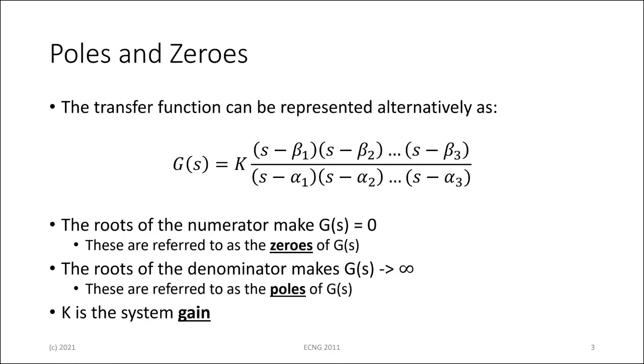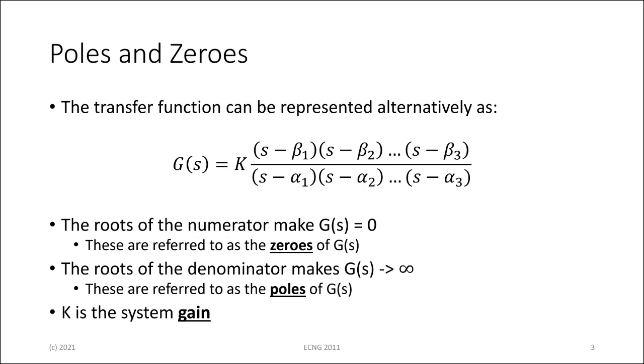And if you factorize it, you can get it in this form with a series of factors on the numerator and on the denominator. And we give those particular factors, which are in fact the roots of the equation of each of the polynomials above, particular names.